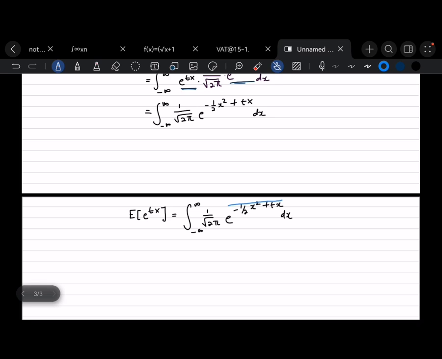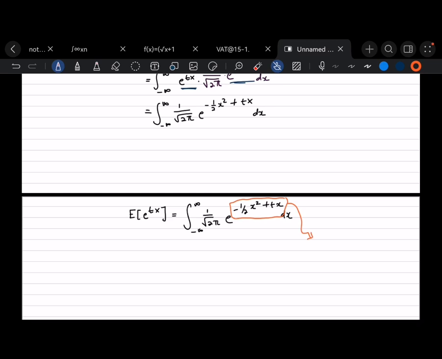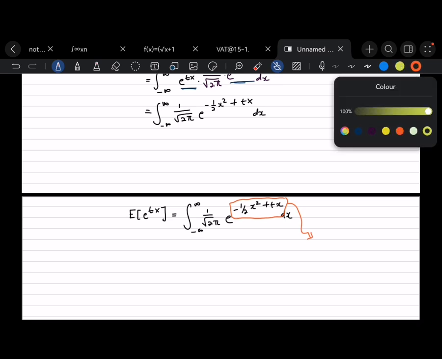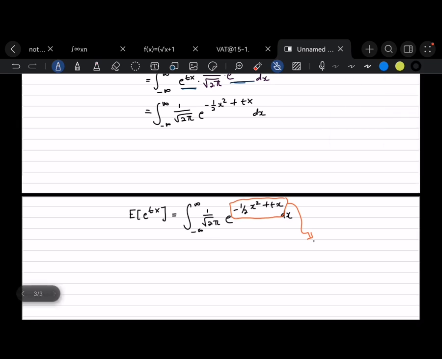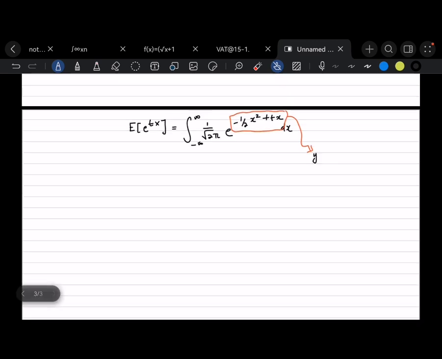Now looking at this exponent, negative half x squared plus tx, you want to complete the square. I will let this exponent equal y before I complete the square, because I don't know how to complete a square when I have a negative coefficient of x squared, or when the coefficient is not 1.